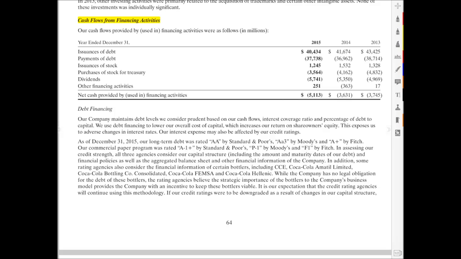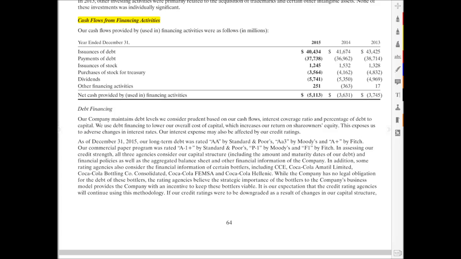Purchase of stock for treasury, not 100% sure what that is. Dividends, this is an important line, especially with companies that might be struggling, might be paying a dividend, and then the business model or circumstances change where they might not be able to pay that dividend, or the dividend becomes a burden. Here's where you can get the exact value on dividends.